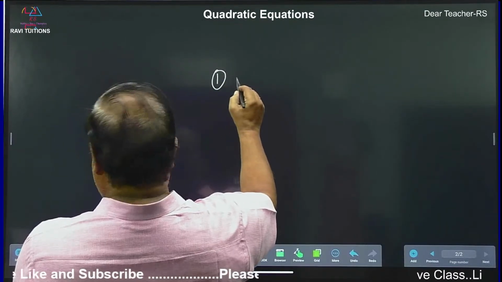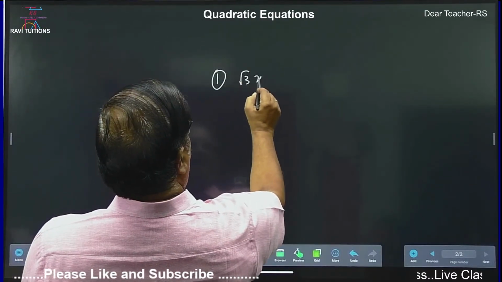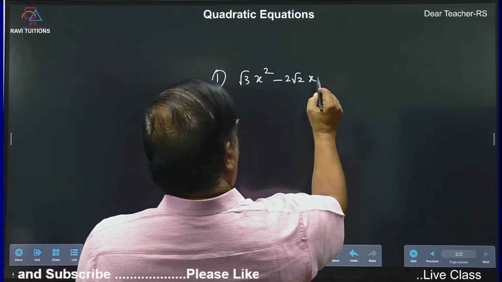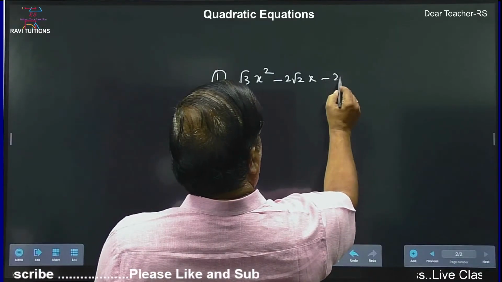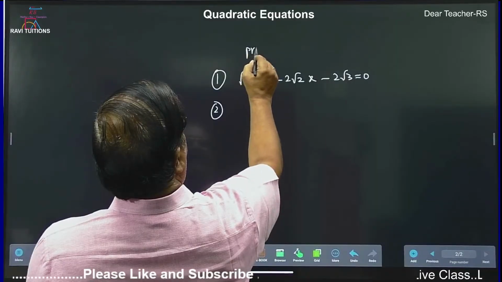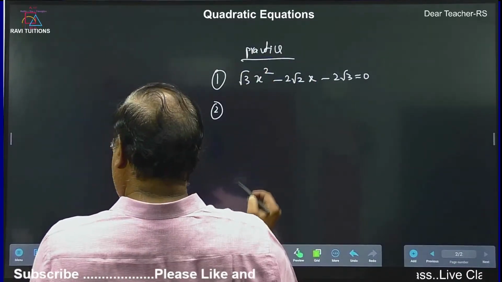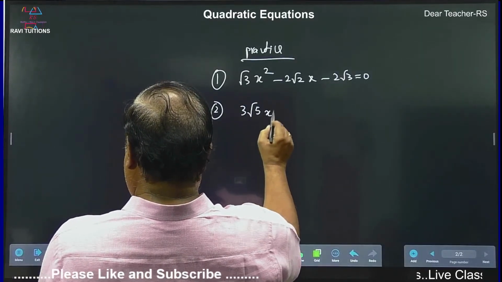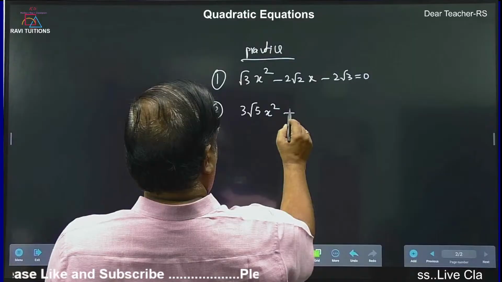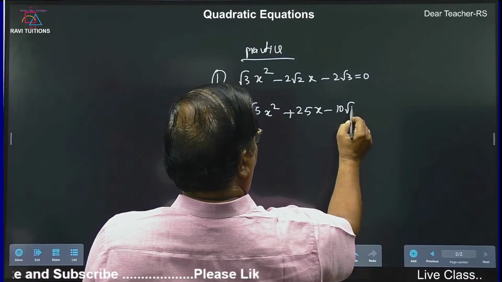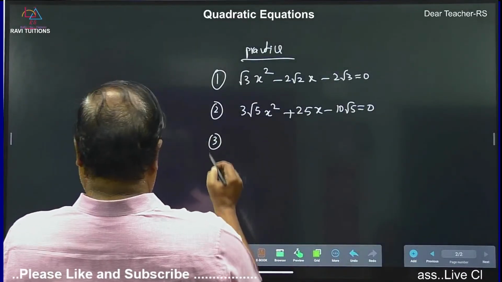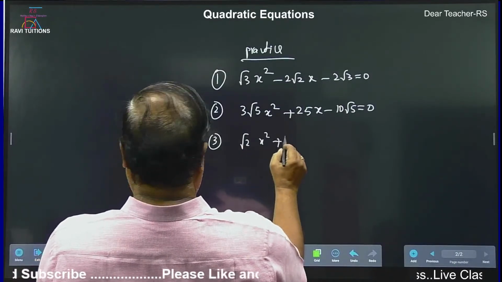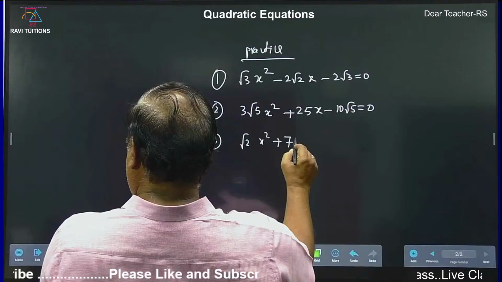I will be giving you some problems, examples. √3x² minus 2√2x minus 2√3 = 0. This is for practice. Second, 3√5 x² + 25x minus 10√5 = 0. √2 x² + 7x + 5√2 = 0.